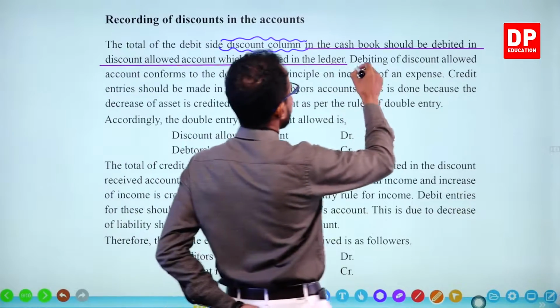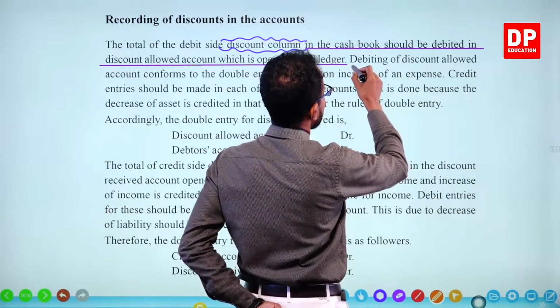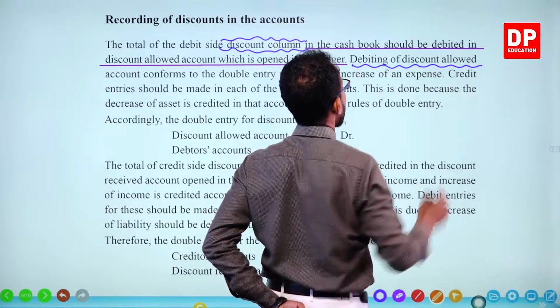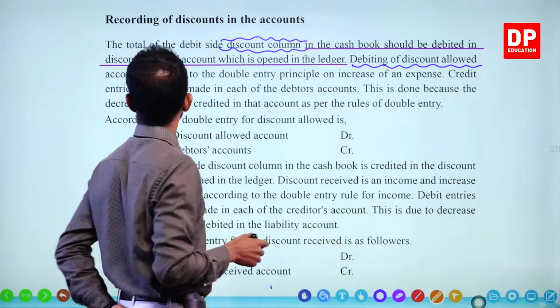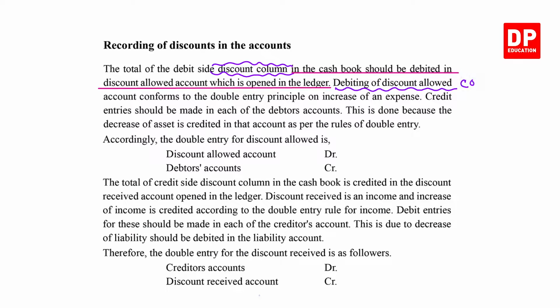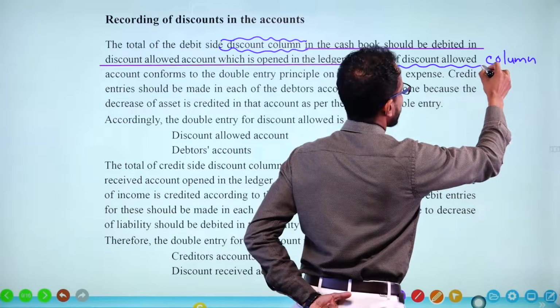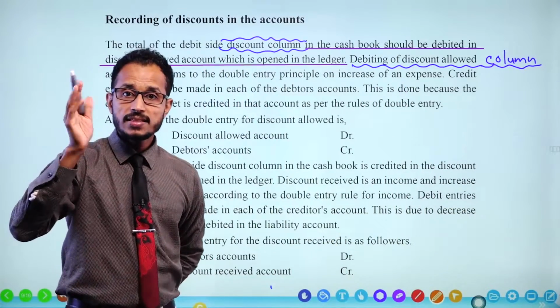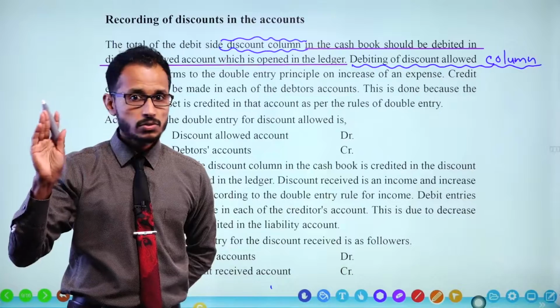Just like I told you, when you debit the discount allowed column, you don't stop at that.